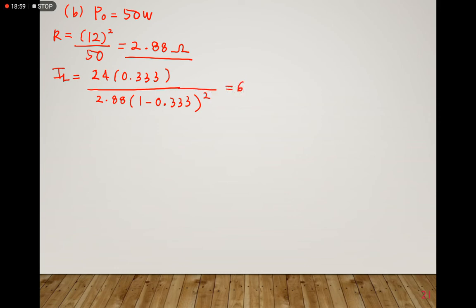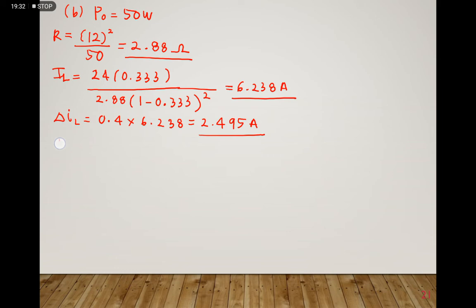So you will get 6.238 A. Since the inductor current equation has changed, obviously your delta IL will change as well. It's 2.495. Your L will be affected as well.